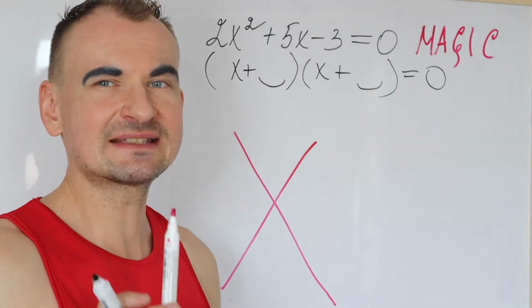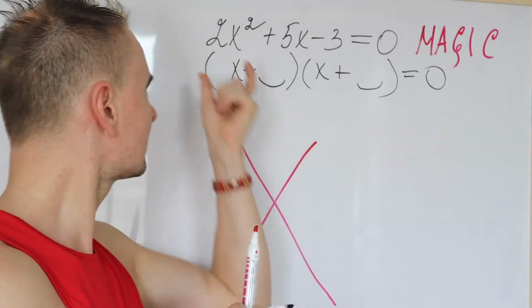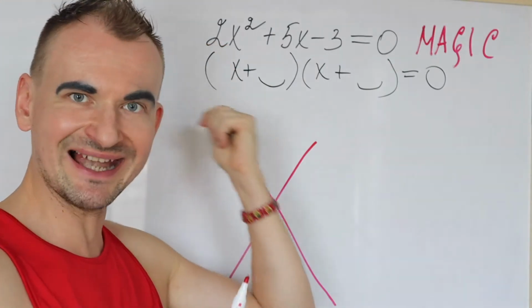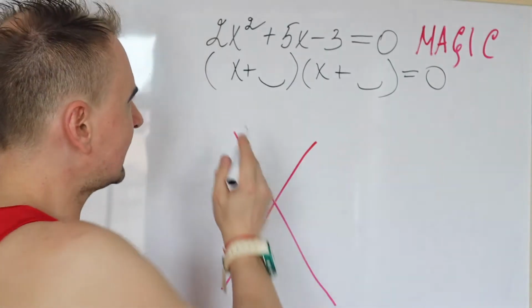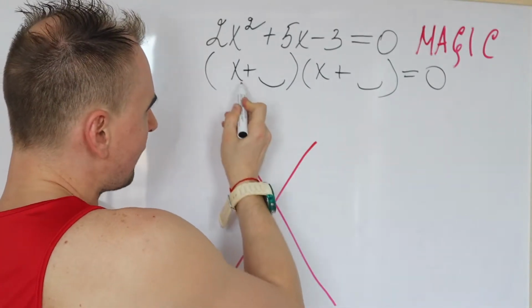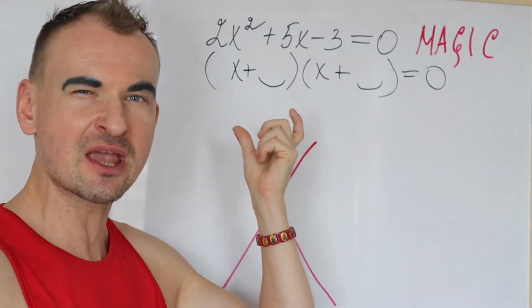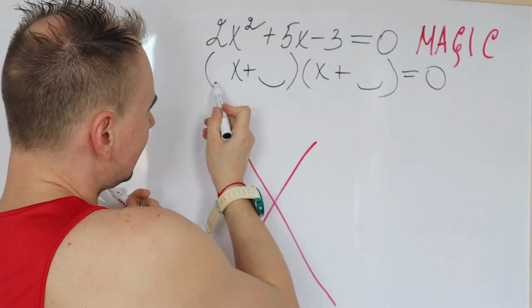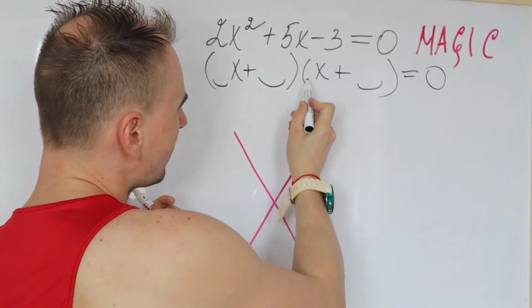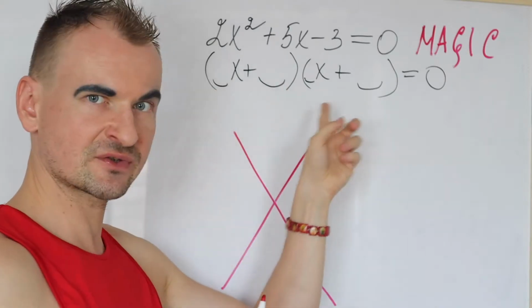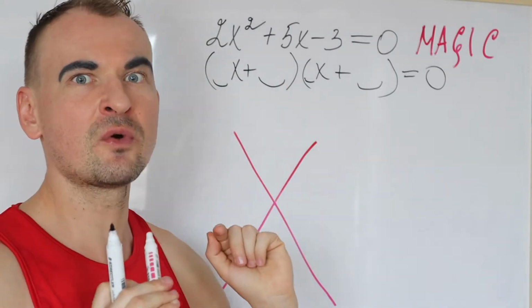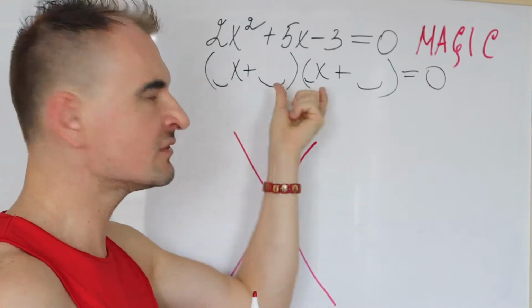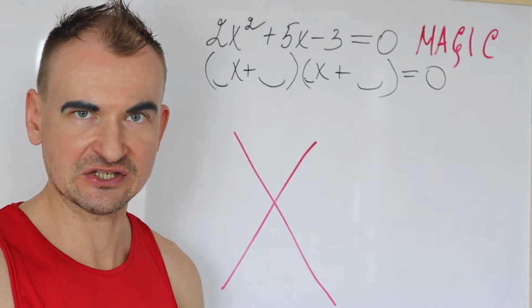Now, the slight difference from when we were solving quadratics with leading coefficient 1 is that your coefficient in front of x might not be equal to 1. So here I left some space on purpose. Actually, we're going to look for another two numbers that give you this coefficient in front of x.